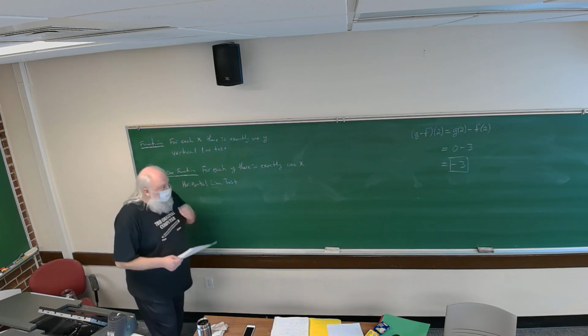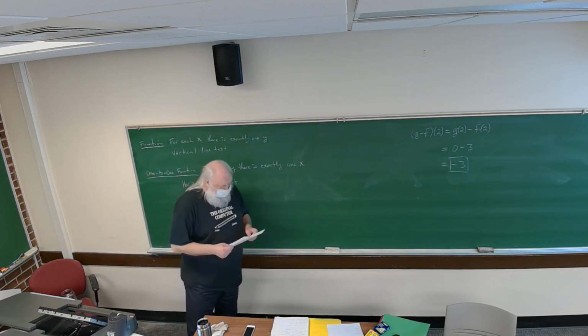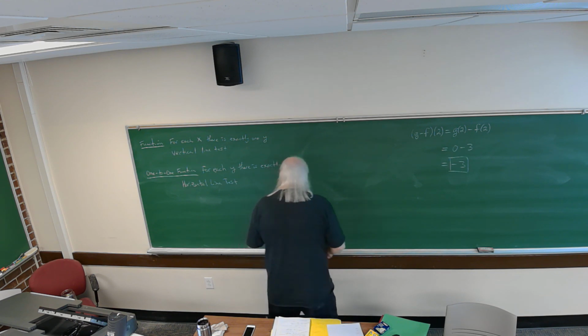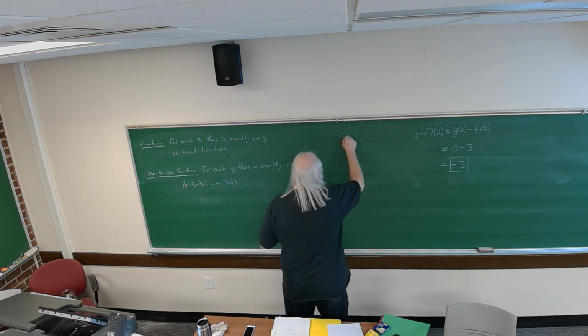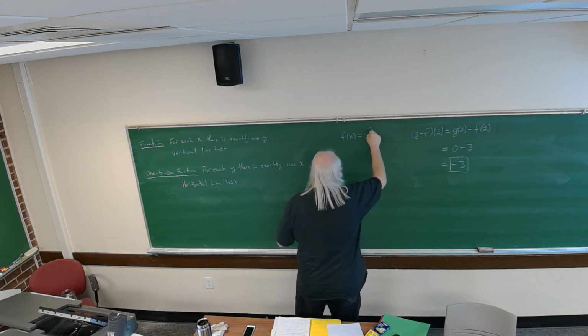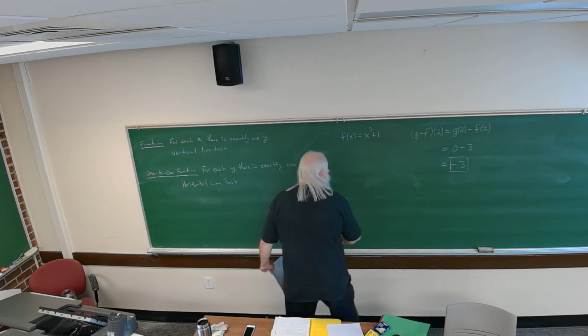So in example 1, it says determine whether the given function is one-to-one. In A, we have f of x is equal to x cubed plus 1.